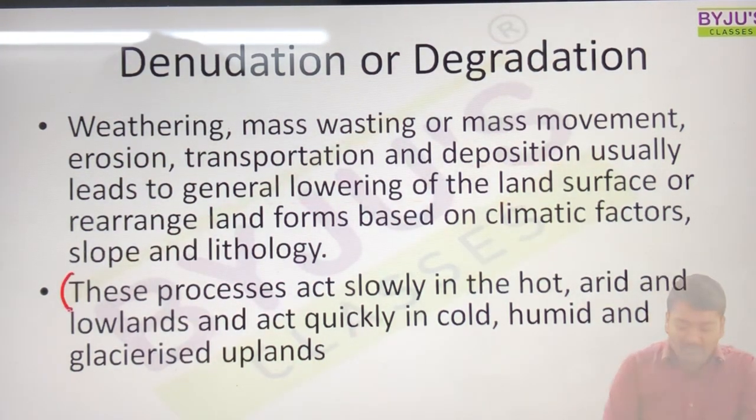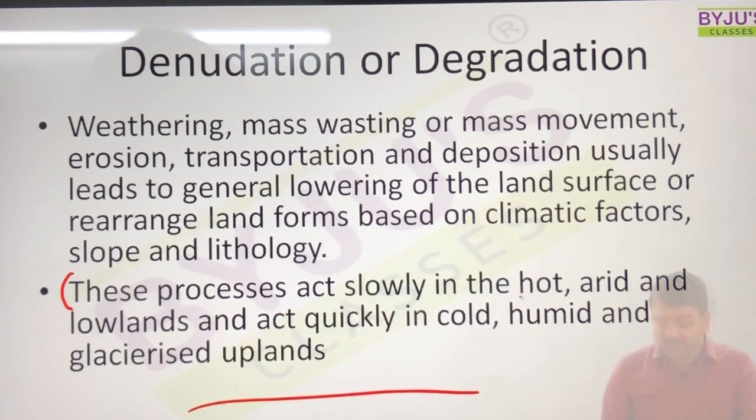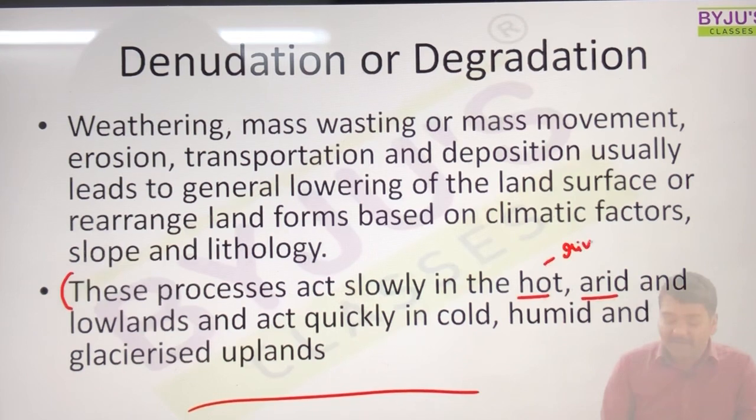Then these processes act slowly in hot, arid and lowlands. If you take lowlands, in the sense of plains, here the processes will act slowly. If it is hot and arid conditions where river waters, underground waters or glaciers are less, then you usually observe that they act slowly.